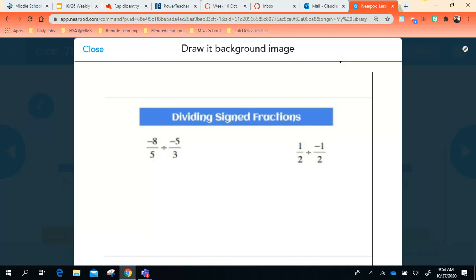What times 5 equals 35? 1 times 5, 2 times 5, 3 times 5, 4 times 5, 5 times 5... That's 7. And then what is 15 divided by 5? That's 3. So it equals 7 over 3.